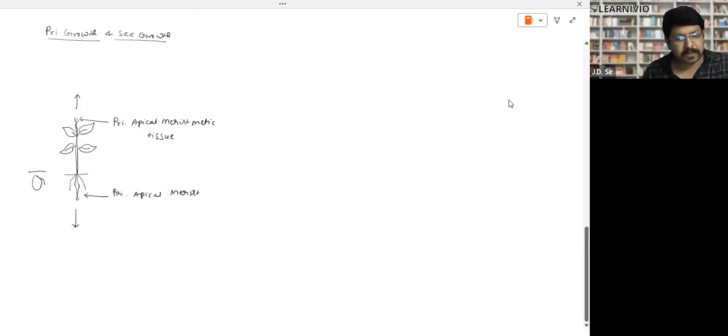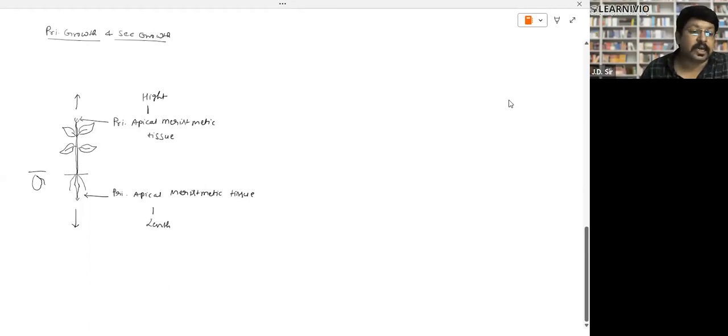We know that meristematic cells or tissues are those cells which keep on dividing, right? These primary meristematic tissues will increase the height of the plant. They will increase the length of the root, right? So height or length, they will add on.